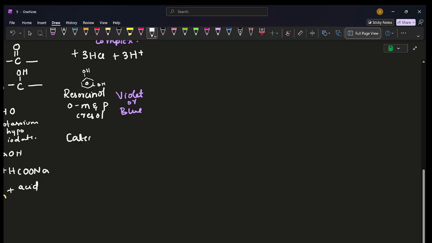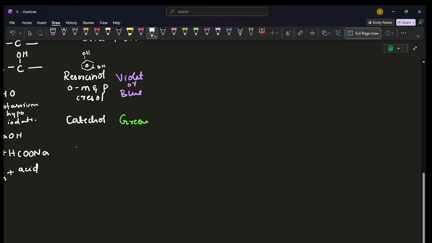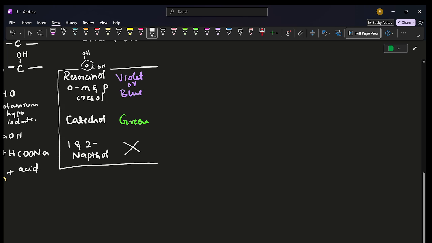And catechol gives green color. And 1 and 2 naphthol, they don't give any, okay? Some small table that you have to remember.